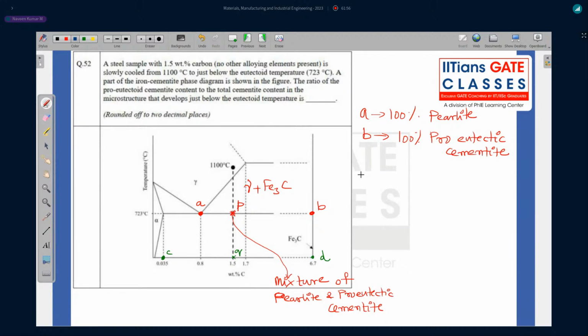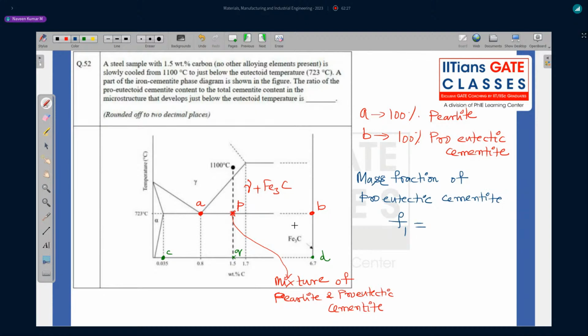The mass fraction, or proportion, anything is fine, of pro-eutectoid cementite, let me denote that as F1.